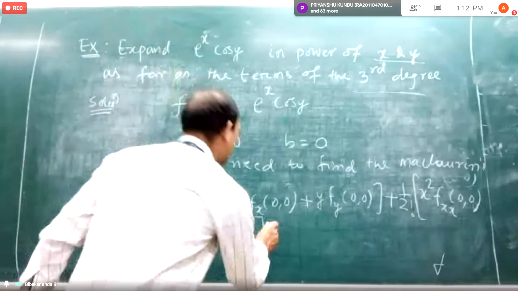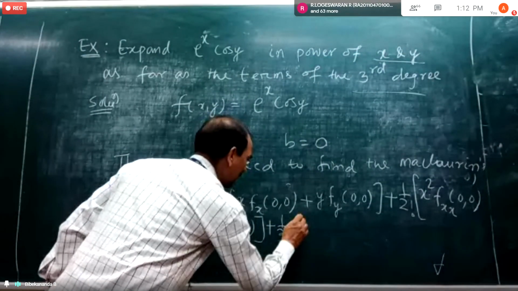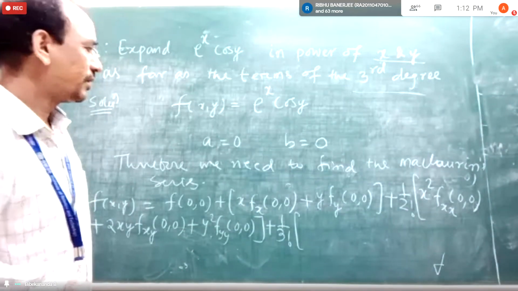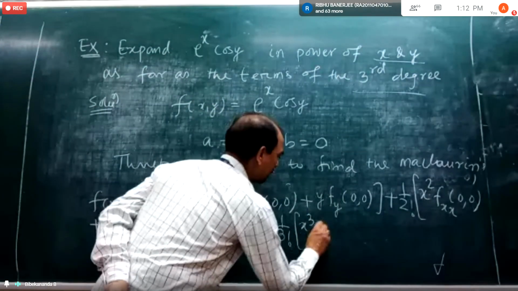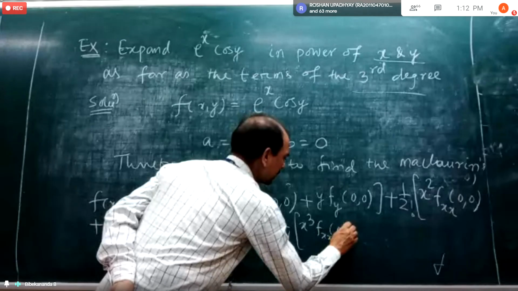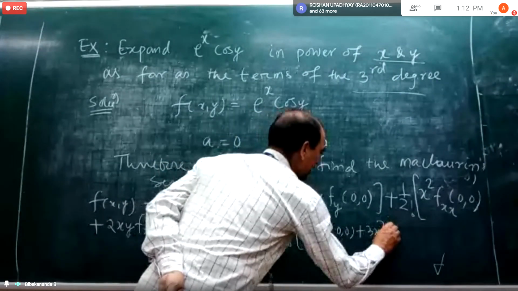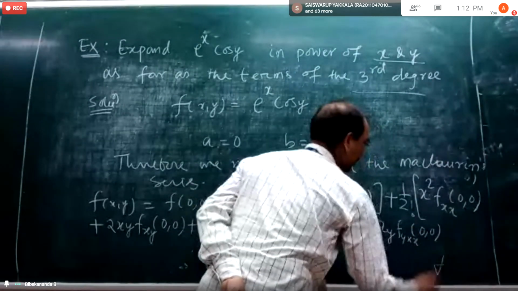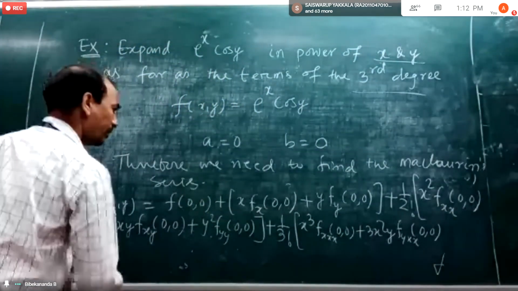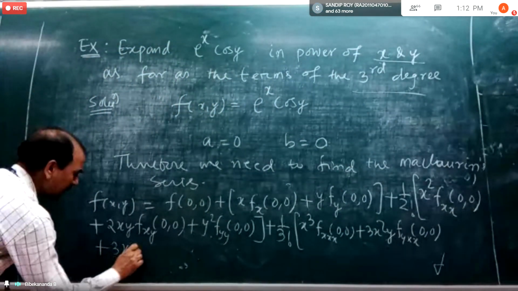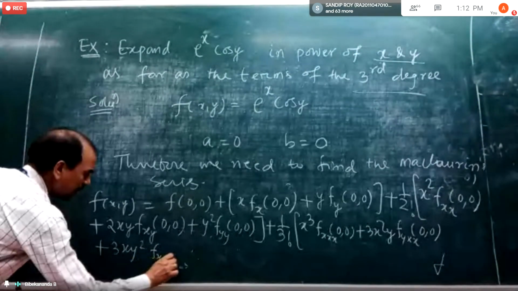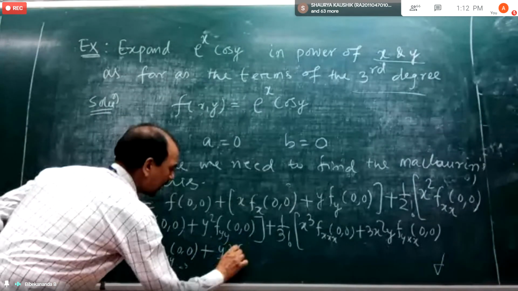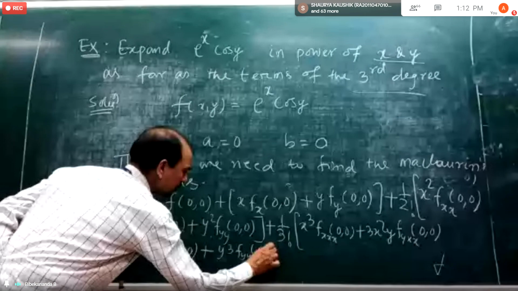So what will be the next term? You tell me. 1 by 3 factorial whole into, tell me what will be the term? x cube f_xxx at the point 0, 0 plus 3 x square y f_xxy at the point 0, 0, then next one will be plus 3 x y square f_xyy at the point 0, 0 plus y cube f_yyy at the point 0, 0.